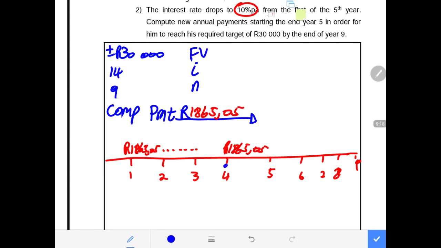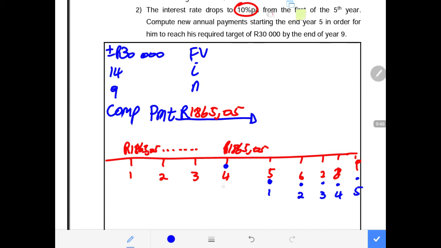So at the end of year 4, we made a payment. Beginning of year 5, which is at the end of year 4, at the same time there was a change in the interest rate. So now the payment at the end of year 5 will no longer be at the same interest rate, 14%, and year 6, year 7, year 8, year 9, which is 1, 2, 3, 4, 5. The next 5 years will be at 10%.